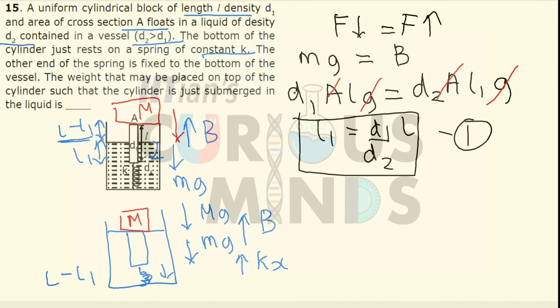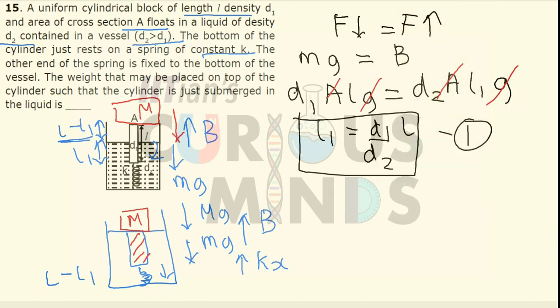The buoyant force will act on the entire length of the cylindrical block, because now the entire block is submerged inside the liquid, but there will be no buoyant force acting on the new mass that we have added, because it is not inside the liquid.